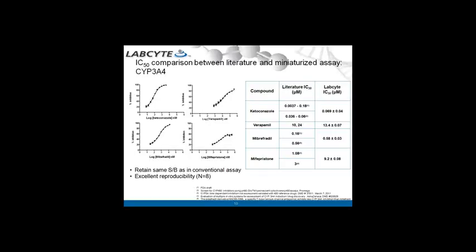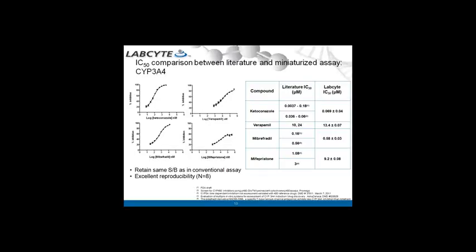The table on the right simply shows the comparison between IC50 generated in our miniaturized assay with the literature values. These 4 compounds have been well characterized by many. As you can see clearly, our value falls within the bracket of published values.